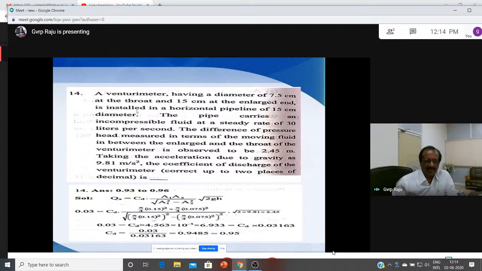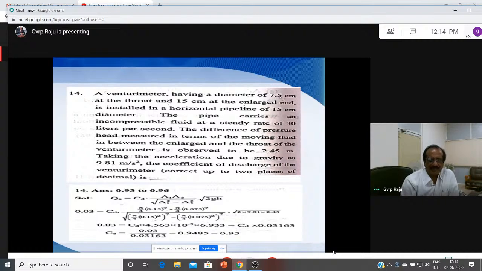So 15 is the enlarged end. You might be confused here. The 7.5 centimeters is the throat and 15 centimeters is for the enlarged end, so that means the inlet section is 15. Some students may take D1 and D2 the wrong way around. So here 15 centimeters is the inlet pipe, reduced to 7.5 centimeters.